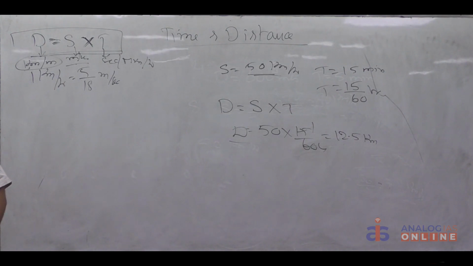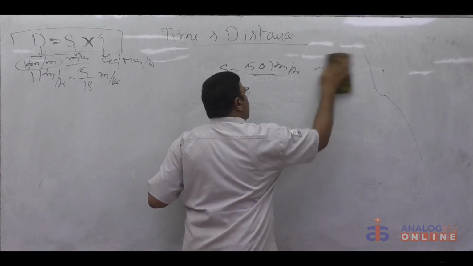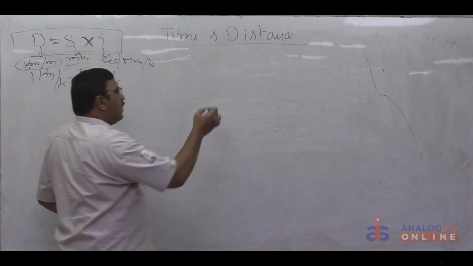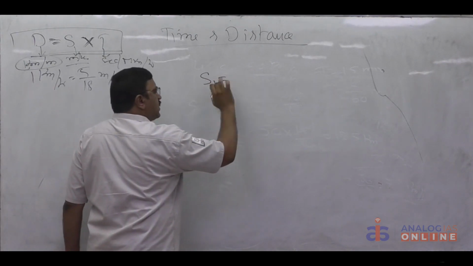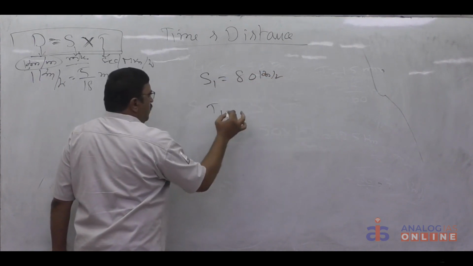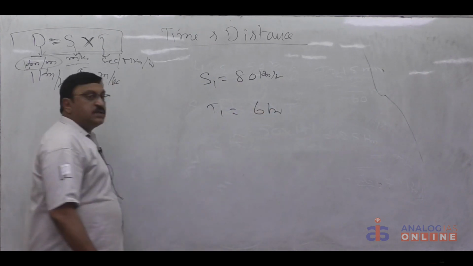A car covers certain distance at a speed of 80 kilometer per hour, and reaches its destination in 6 hours.